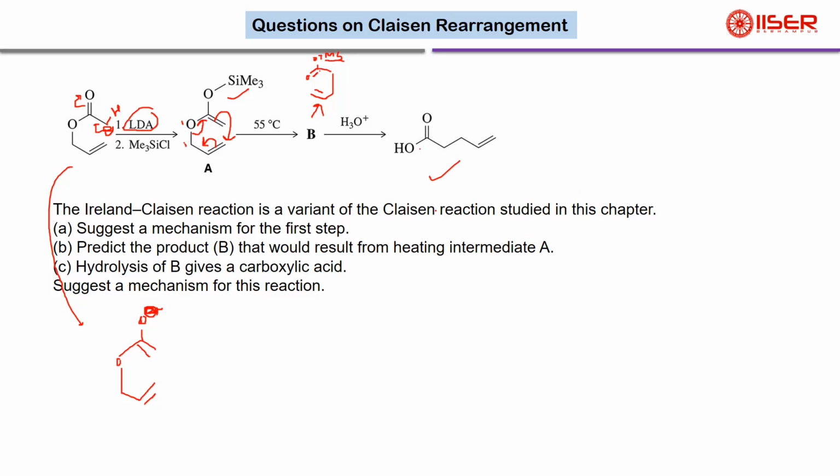If you want to see the mechanism, we just draw the TMS, so this water molecule will attack this silicon center and this will open up, forming this carboxylic acid.